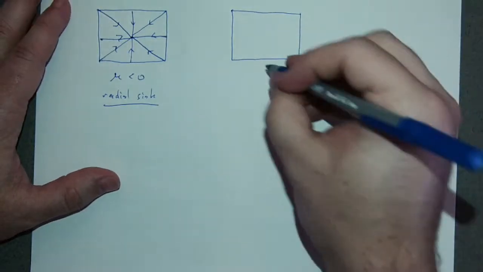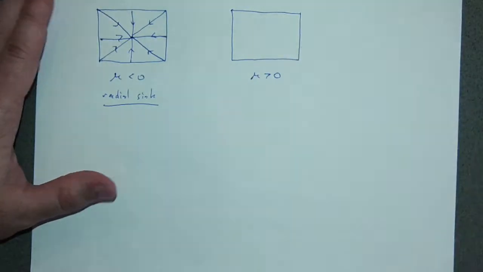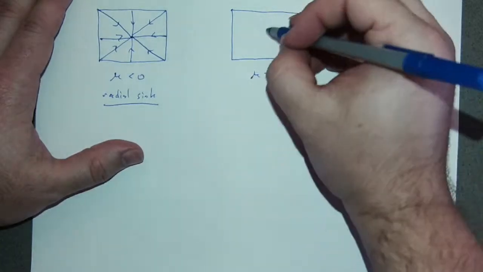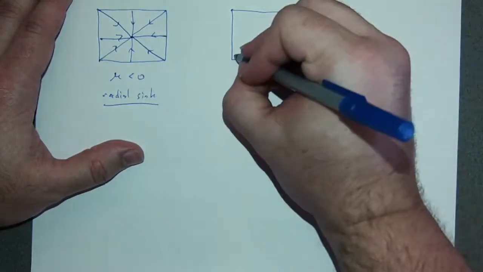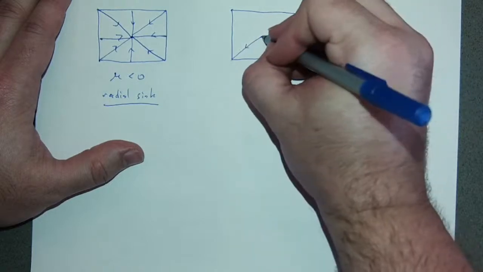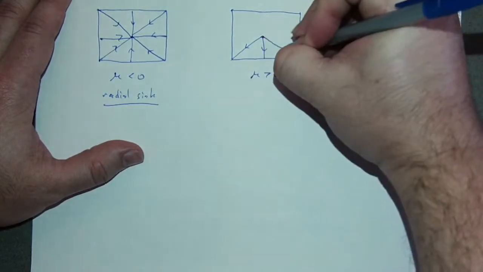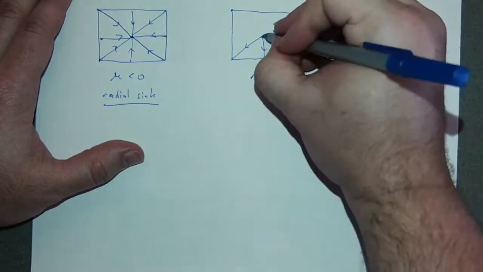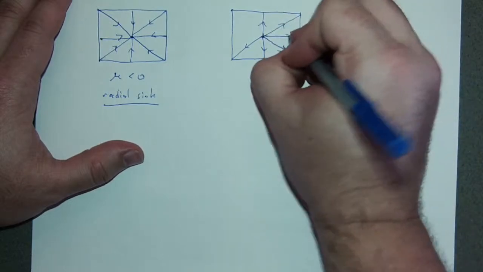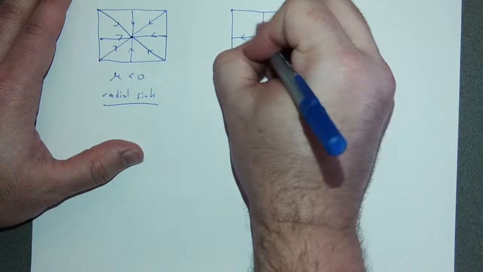Let's look at the similar picture when mu is greater than 0. Okay. So what I get is, again, the same thing. Lines now moving away from the origin. Any line you want.